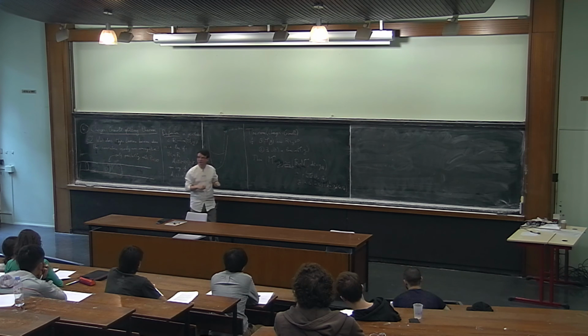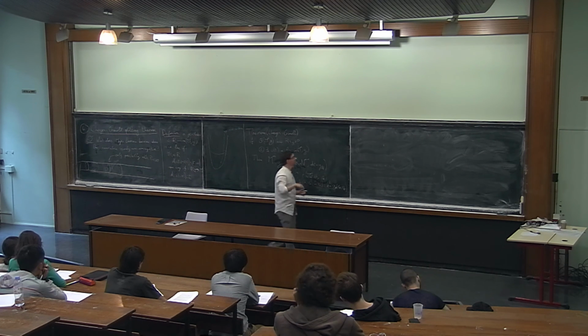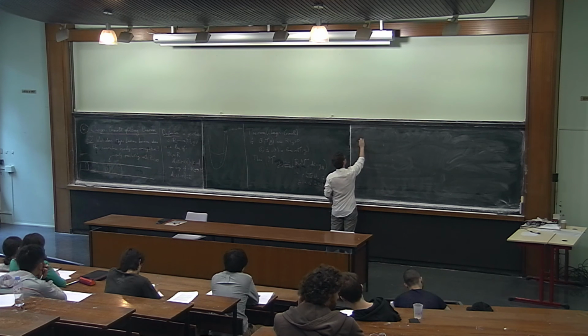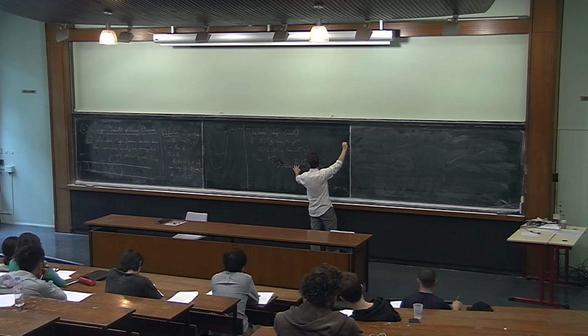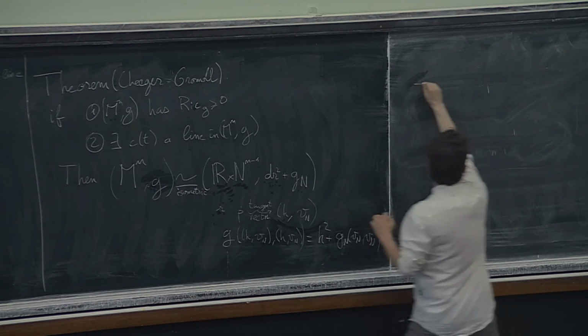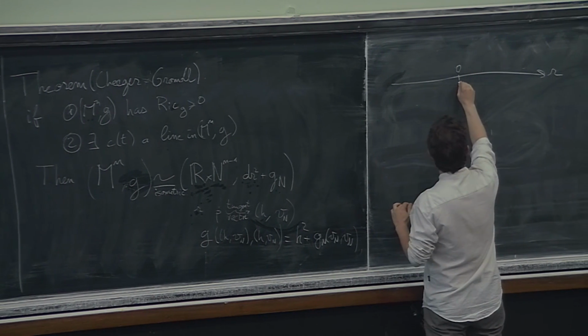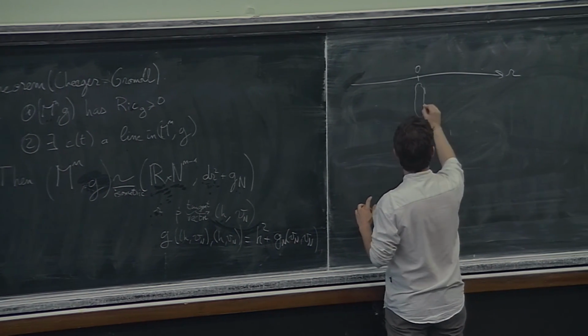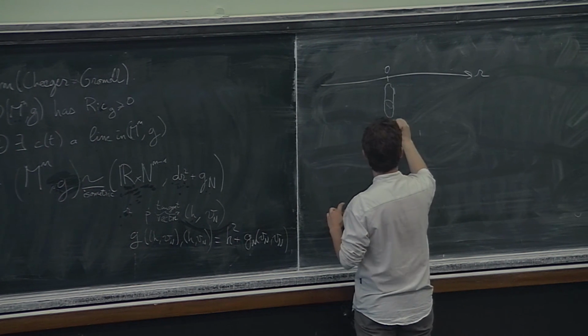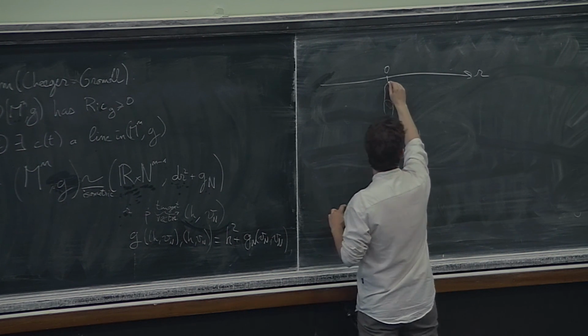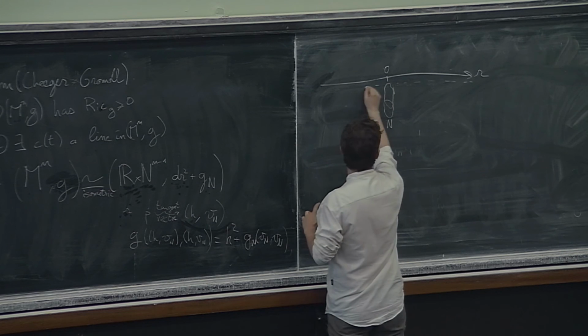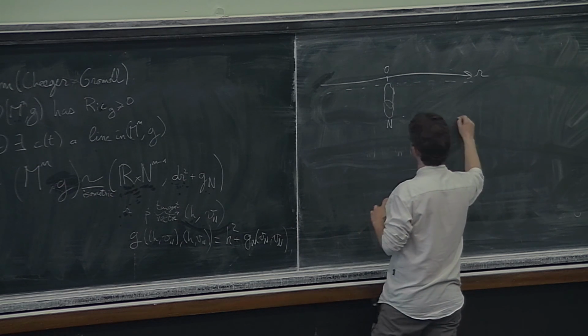When you have a metric product like that, let's consider some specialized value of R. So this is my R coordinate. Let's put a 0 here. And then this is, say, my manifold n. And so n times R is just a product.